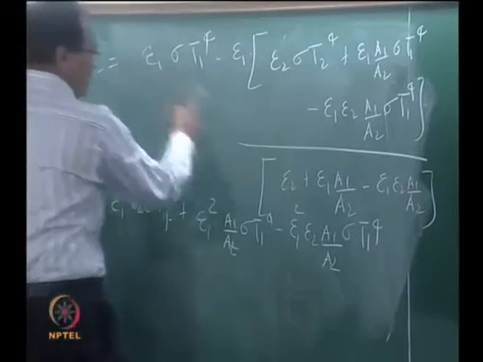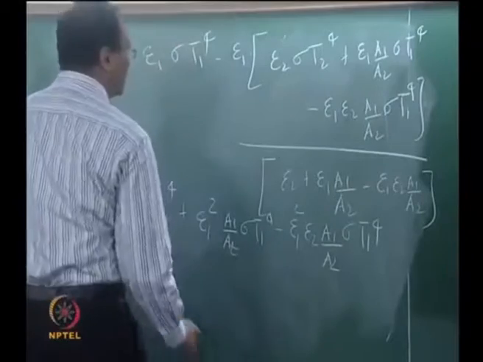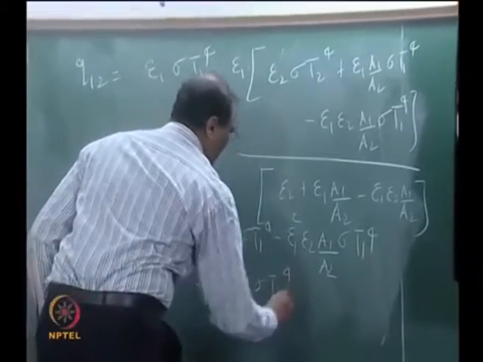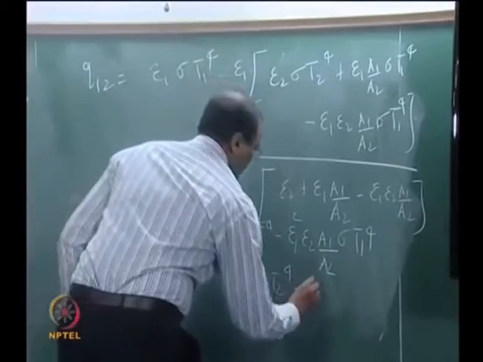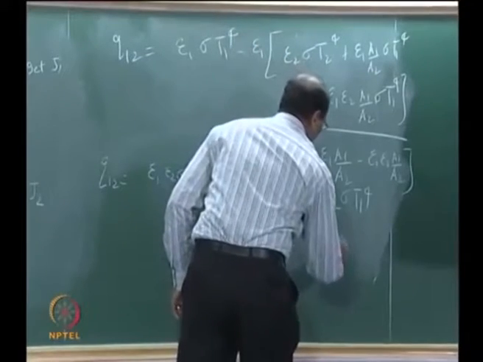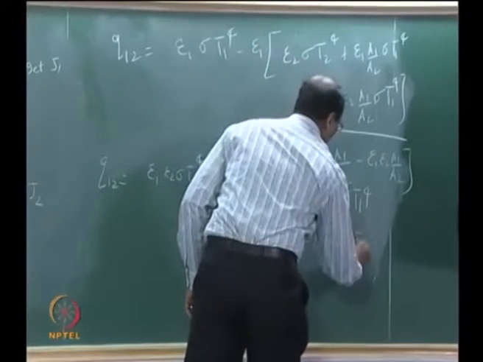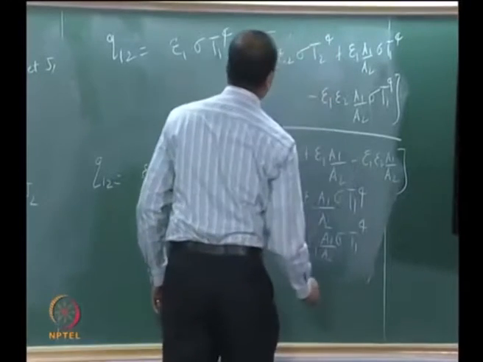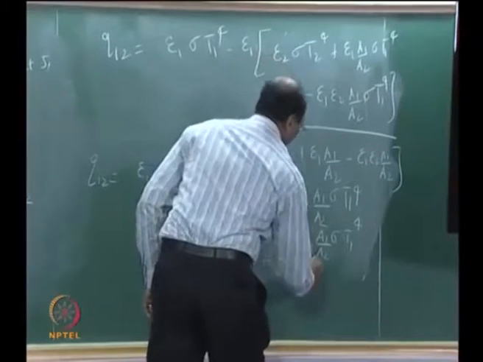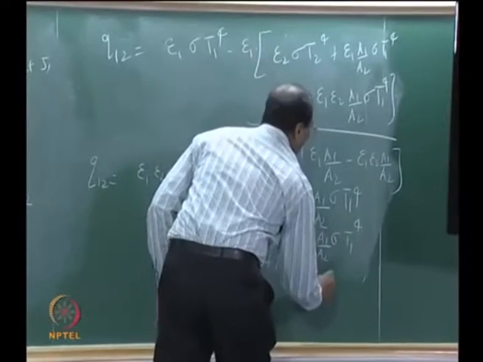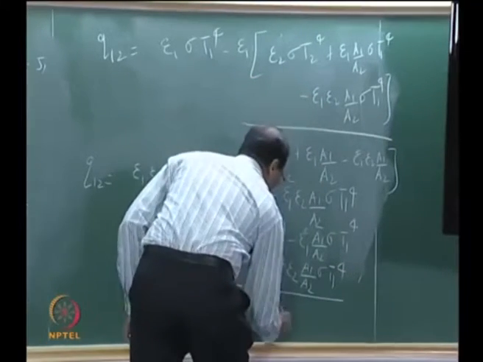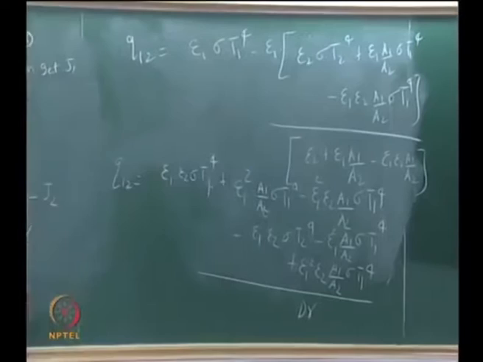Is it correct? No, no, if you cross multiply, okay, let us see. Epsilon 1 square plus, by we will just say dr. Now tell me what are the things which get cancelled?